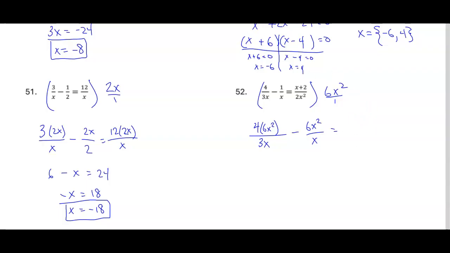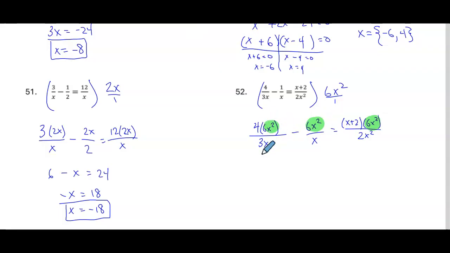We have the original numerator, x plus 2, times 6x squared over 2x squared. So in each case, I put the LCM into the numerator next to whatever was already there. And then I just divided by what was already there.